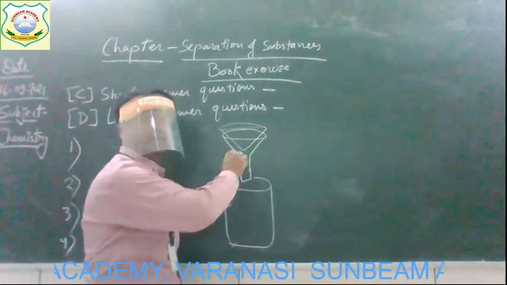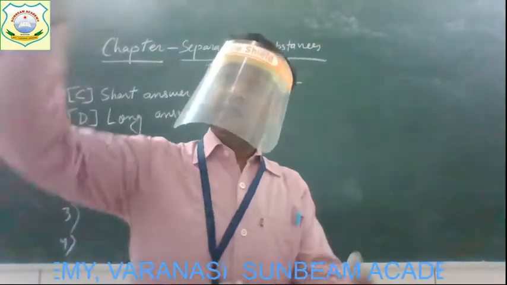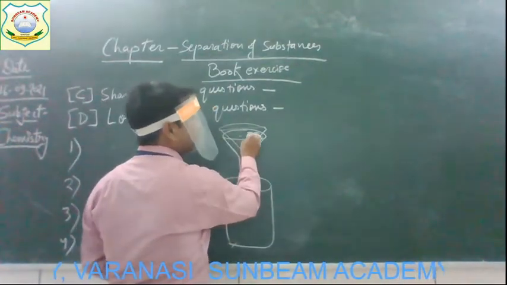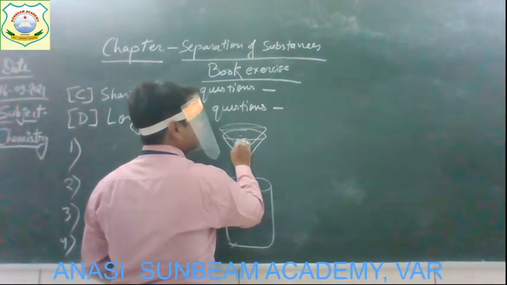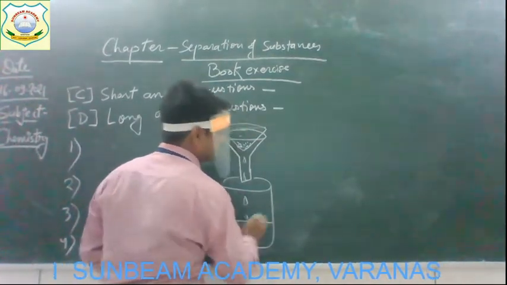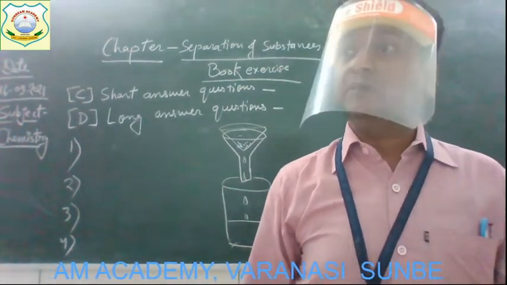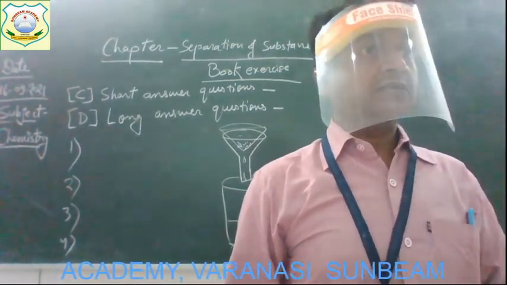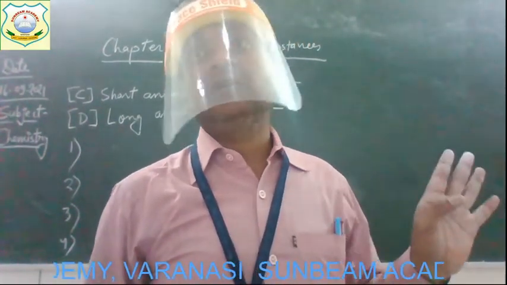The mixture, the liquid which has solid impurities, is kept in this filter paper. All the solid remains here on the filter paper, and the liquid gets collected below. So this is filtration. These three diagrams you need to draw in this question, and there is no need to write anything else. Only the diagram.